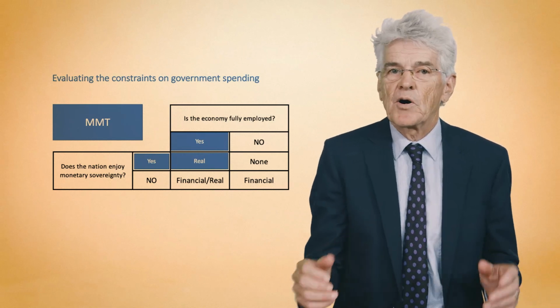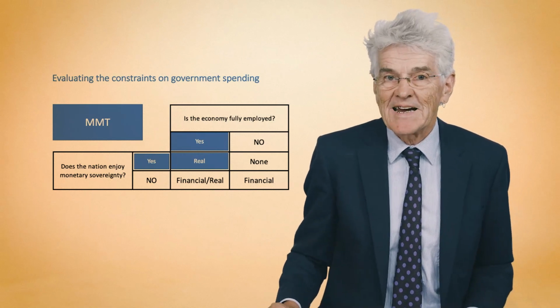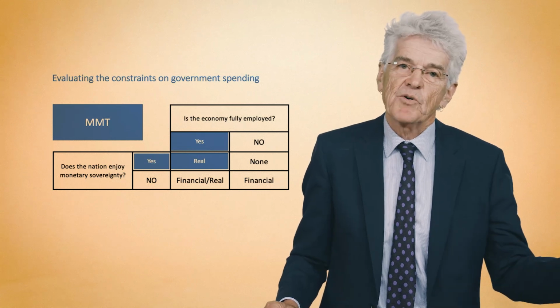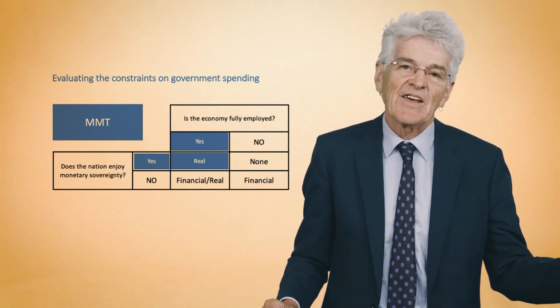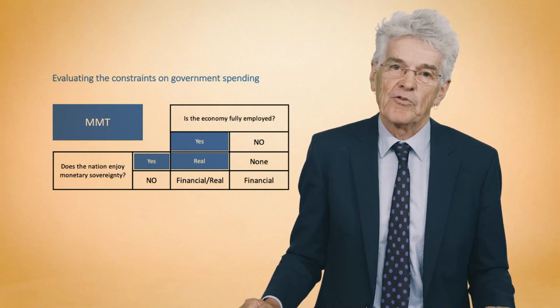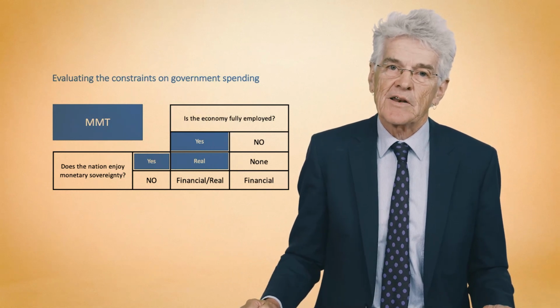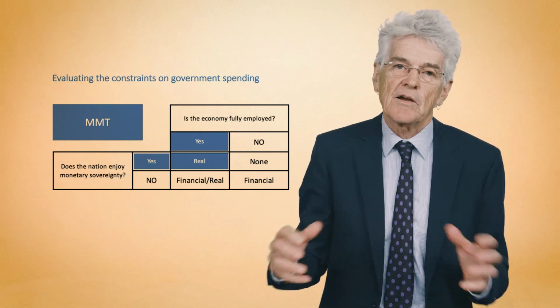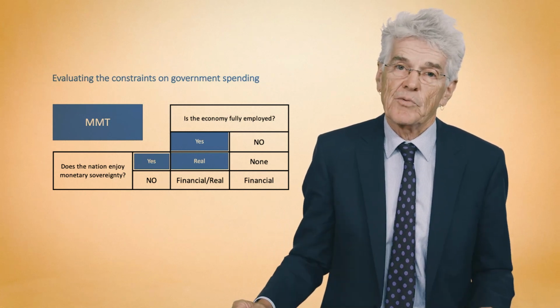Now, it could do that by legislative dictate, so just regulate, for example, that the coal export industry in Australia is illegal now, and that would quickly create unemployed resources in the coal sector, which the government could then bring back into productive use in the renewable sector, for example.